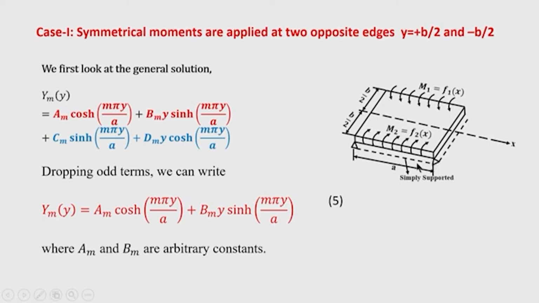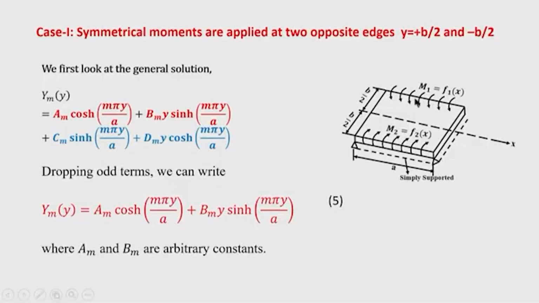So, the plate equation or deflected surface is written in this form: along the x direction the sine function sin m pi x by a is taken, but along the y direction the function Y m y requires to be known completely once we can find A m and B m.